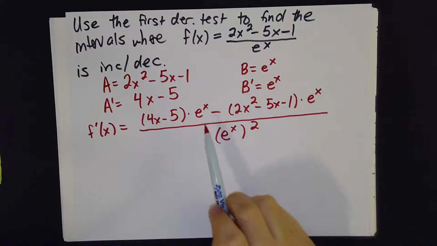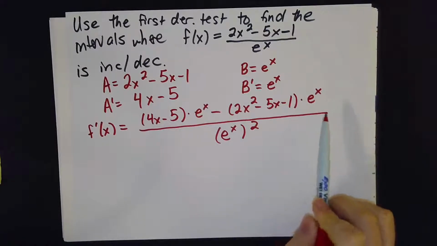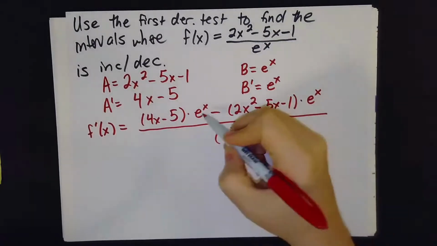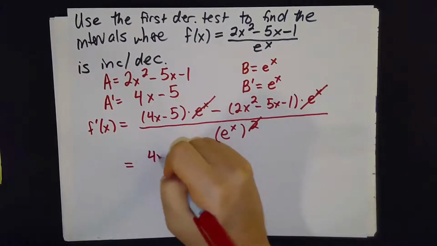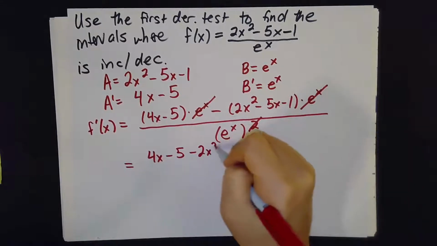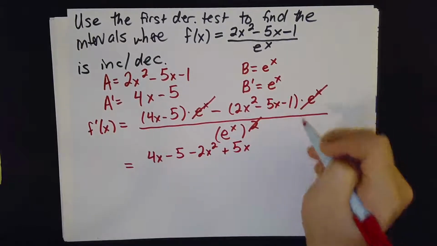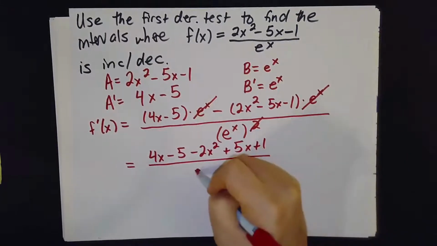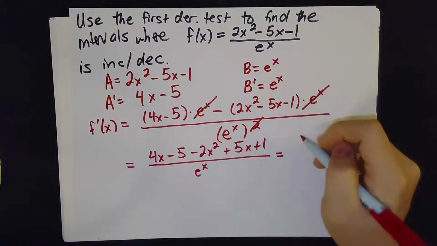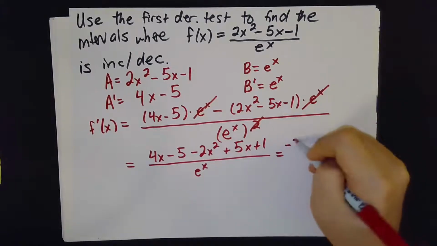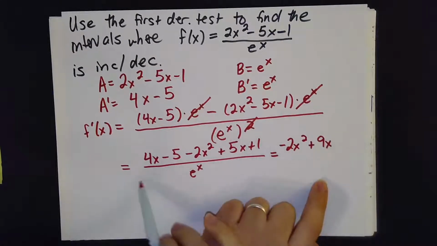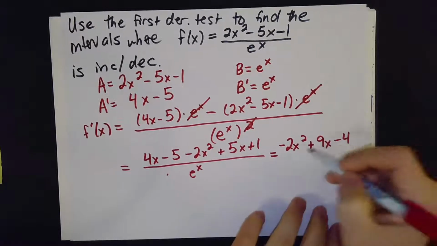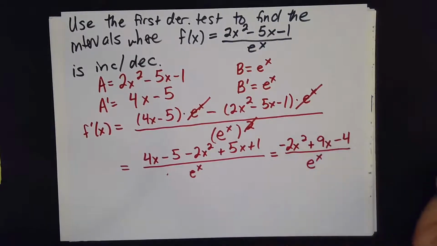Okay. And I want to note there's an e to the x in both terms in the numerator, as well as two of them in the denominator, so I can go ahead and cancel these e to the x's with one of the e to the x's in the denominator. Plus 9x minus 4 divided by e to the x.